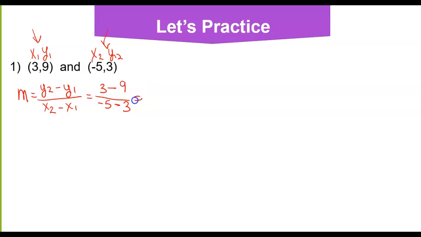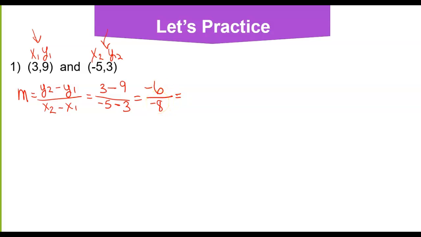All right, now let's simplify. What is 3 minus 9? Negative 6 over negative 5 minus 3. Negative 8. Very good. We're standing at negative 5, I'm taking away 3, I go down to negative 8. All right, 2 negatives simplify to what?